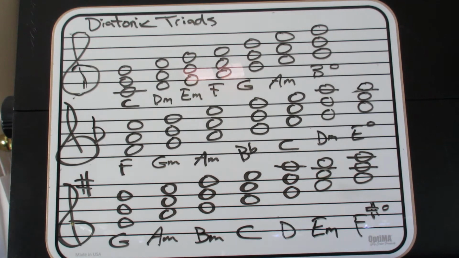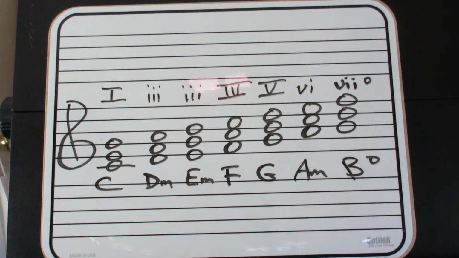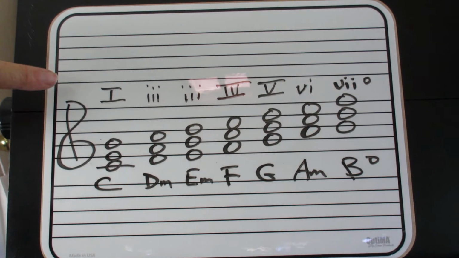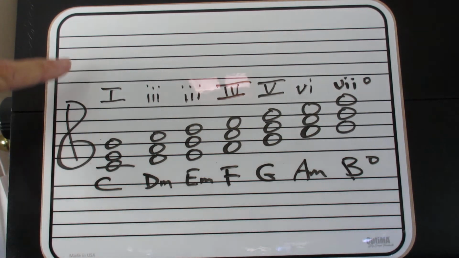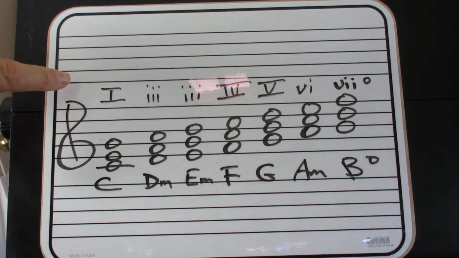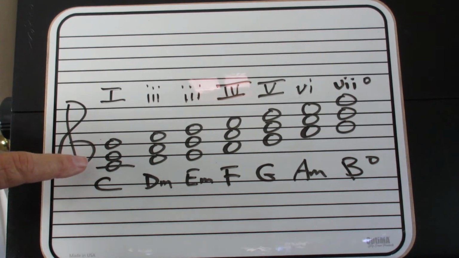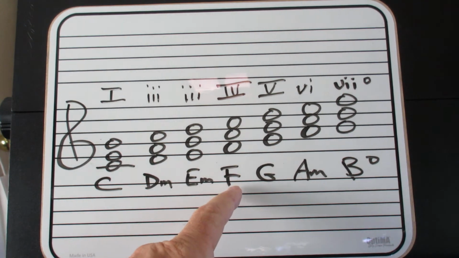Now because of that, we have something that we use to describe that relationship. We use Roman numerals to indicate the chords within a particular key. The first chord of the key, we call it a one chord. This is called the one chord, and it's a major chord. Now notice that the 4 chord, the chord that is built off the 4th degree of the scale, is also a major chord.